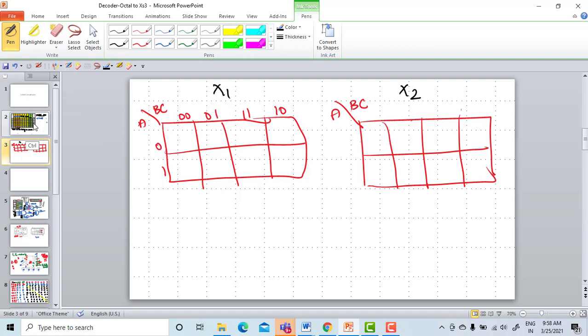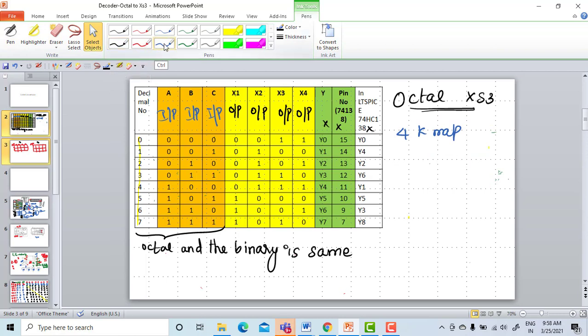Okay, output x2. First let me write what are all the min terms for which your x1 is 1. So sum of min terms, it is equivalent to 5, 6 and 7 decimal.